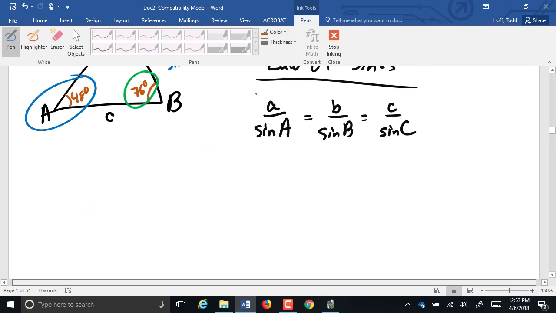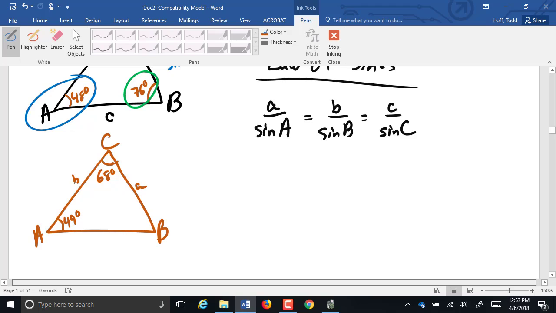So what that means, if I give you a triangle where I have some pieces given, let's say that's 68 degrees, this one's 49 degrees, and let's tell you that C is 51 inches.